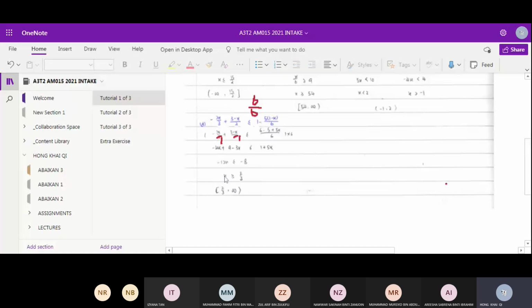So become x more than or equal to 2 over 3. So we'll get the answer: 2 over 3, comma, infinity symbol, bracket. Okay?